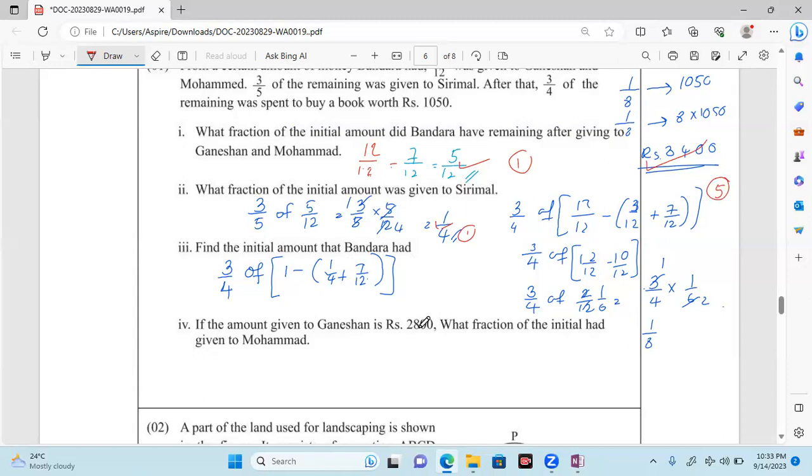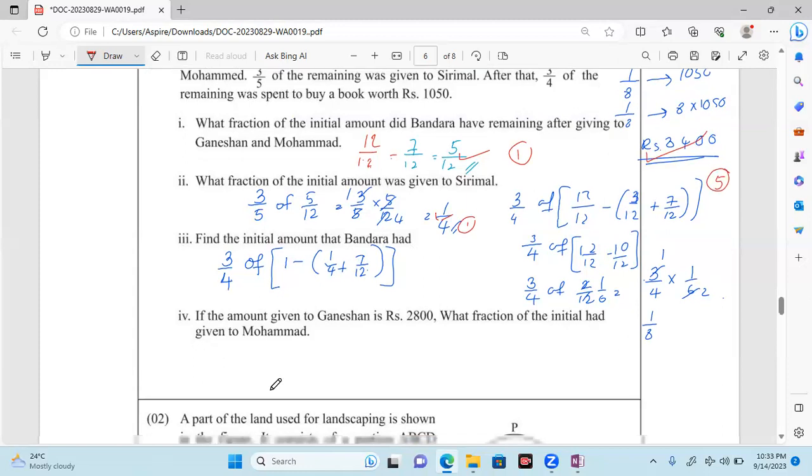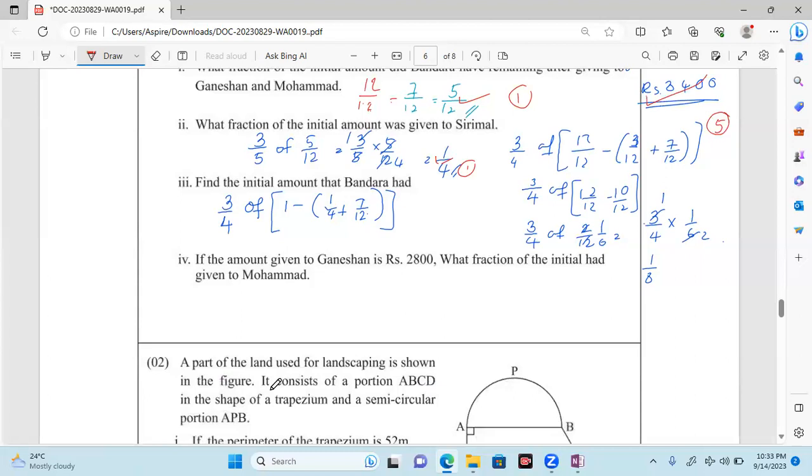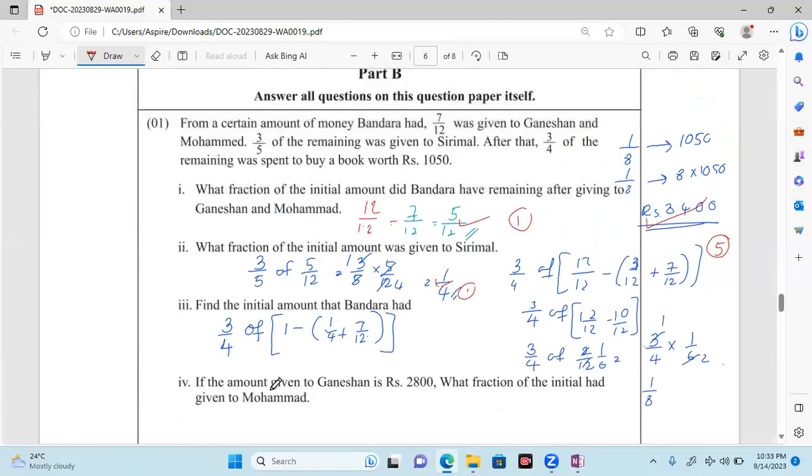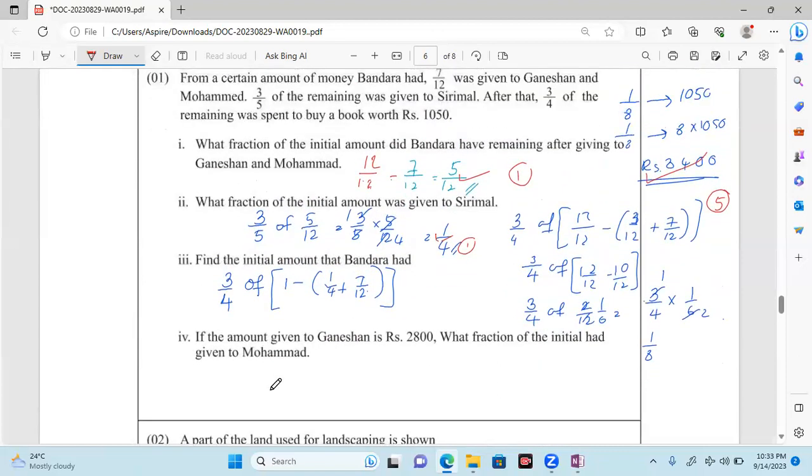Then it says, if the amount given to Ganeshan is 2,800, what fraction of the initial had given to Muhammad? Okay, then you have to check the amount given for two friends, Ganeshan and Muhammad.